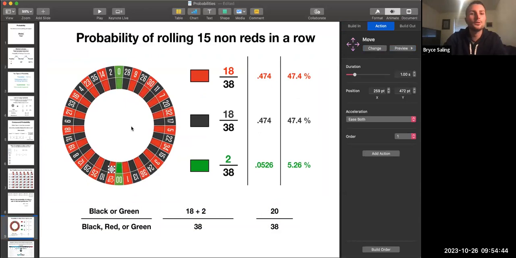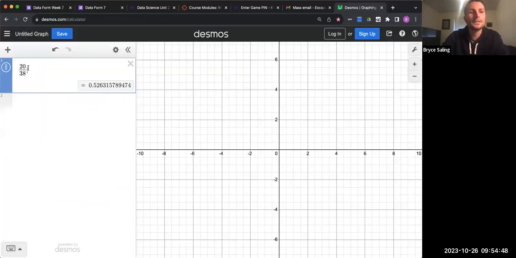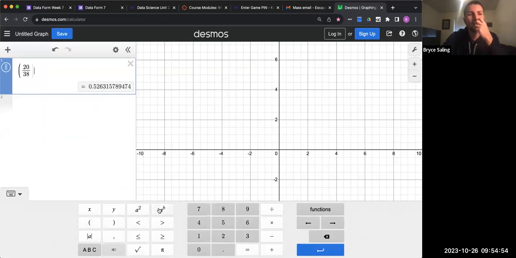However, I'm going to show you a little trick here, that instead of writing this out 15 times, you can put it to an exponent of 15, and it will give you that calculation. If you give it an exponent of 15, that's the same as if you wrote it out times itself 15 times. So it's a nice little shortcut.